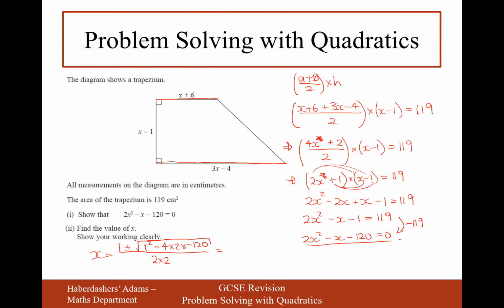So I'm typing this into the calculator now, all over 4, and that's going to be 8, otherwise it could be a negative value, minus 7.5. We don't really want that value, so the answer is 8. It would be minus 7.5 if you use the minus solution on that quadratic formula, but we don't have negative lengths on a trapezium. So x equals 8.